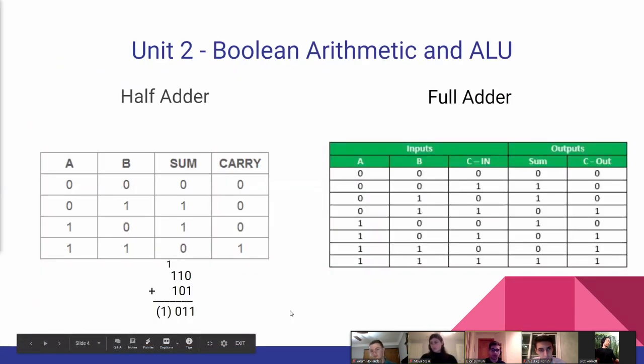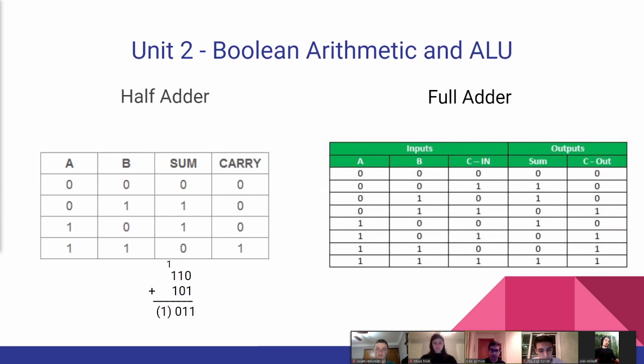Okay, so Unit 2 is Boolean arithmetic and the ALU. Something you should understand before we get into the 5 chips is how to do basic addition with binary numbers. If you look at that small math problem, that's binary. It's not decimal. It's not 110.